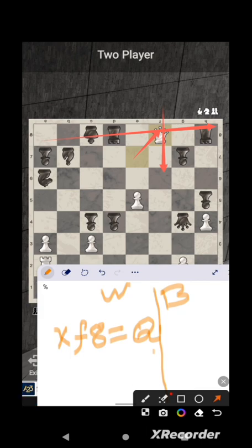So this is how we represent it, where x represents the taking of the bishop, f8 is the current square, and equal to Q means promoted to queen.